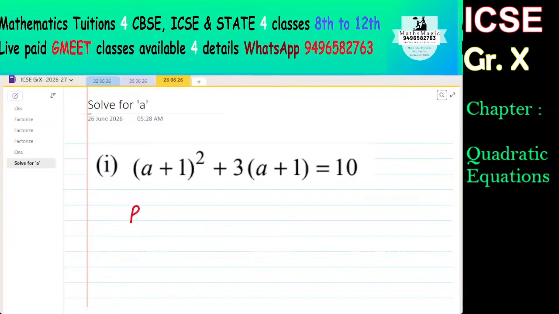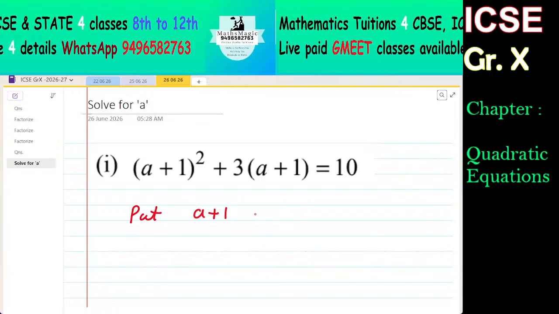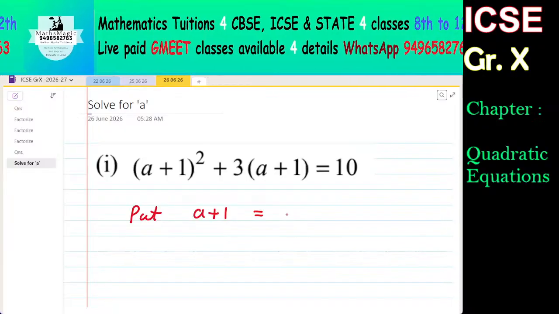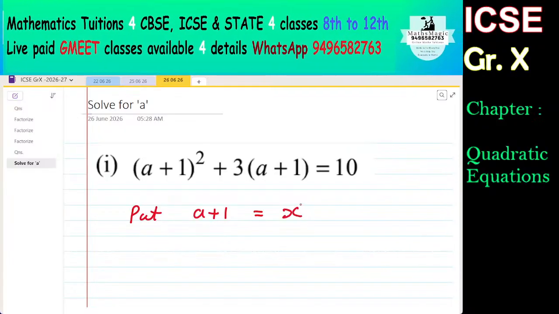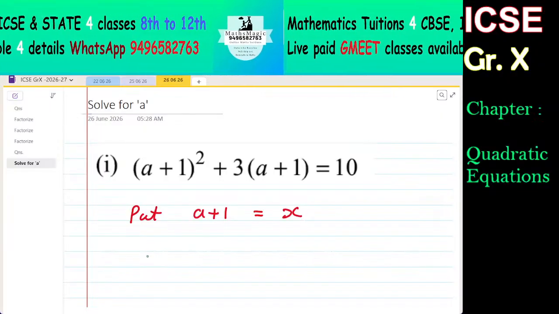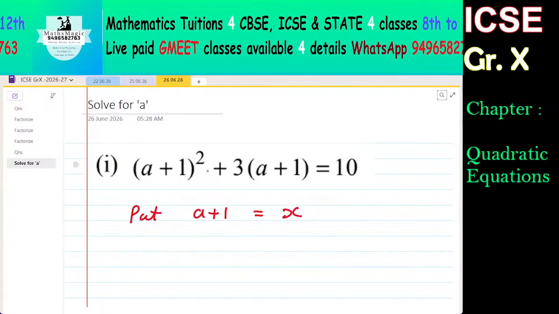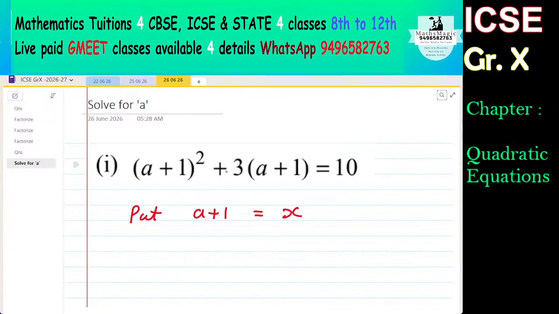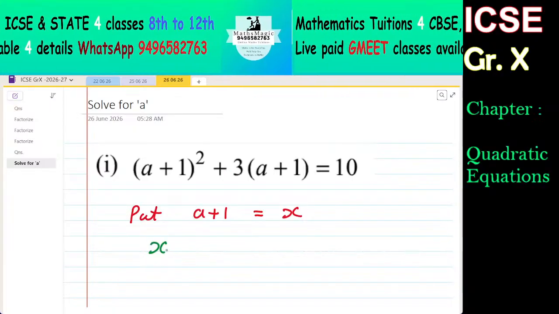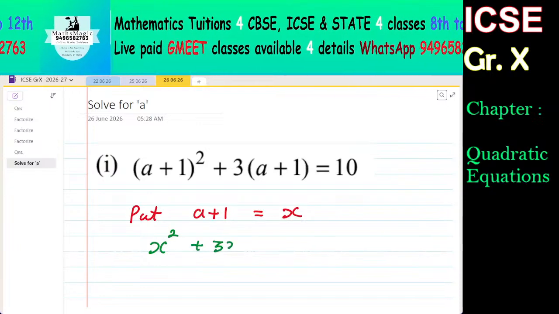We'll just put this a plus 1 as any other variable other than a, let it be x. Now this (a plus 1) all squared will become x squared, then 3x.